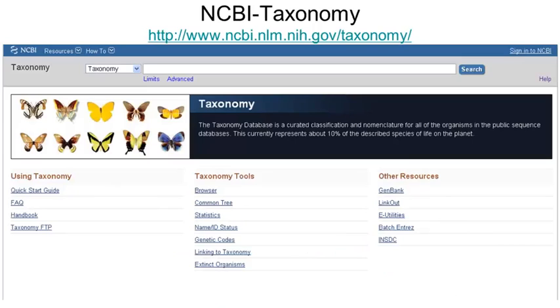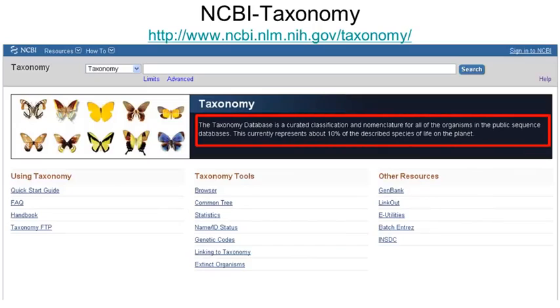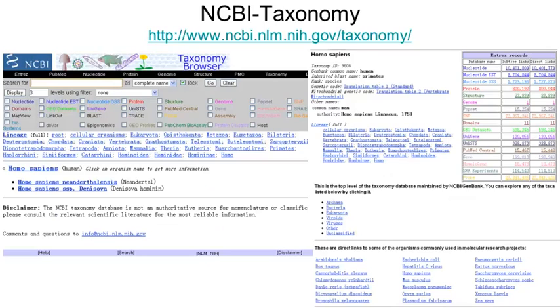Another useful resource at NCBI is the Taxonomy database. It is a curated classification and nomenclature for all of the organisms that have at least one DNA sequence in the public databases. It currently represents about 10% of all described species of life on Earth. The taxonomy is a rooted hierarchical tree.